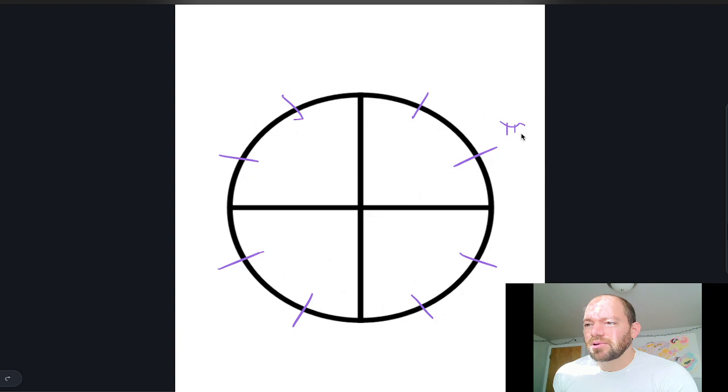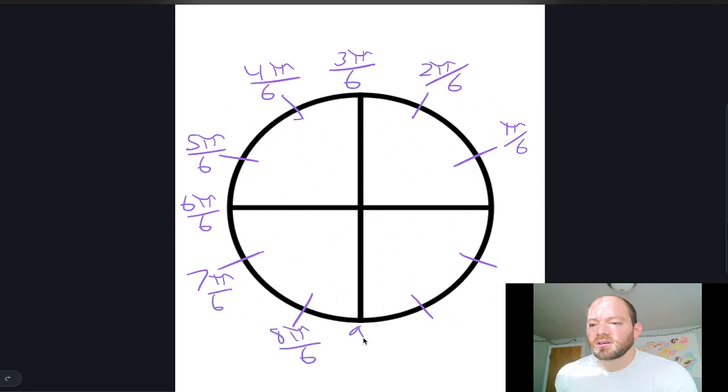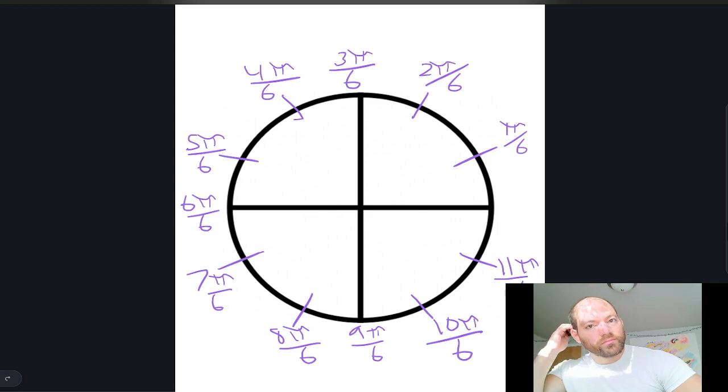So, pi over 6, 2 pi over 6, 3 pi over 6, 4 pi over 6, 5 pi over 6, 6 pi over 6, 7 pi over 6, 8 pi over 6, 9 pi over 6, 10 pi over 6, and 11 pi over 6. You see what's going on here?